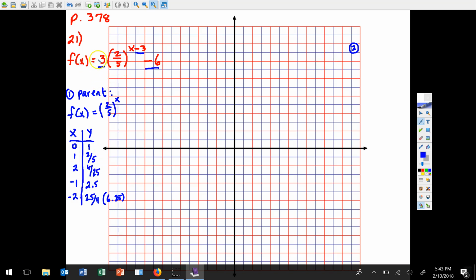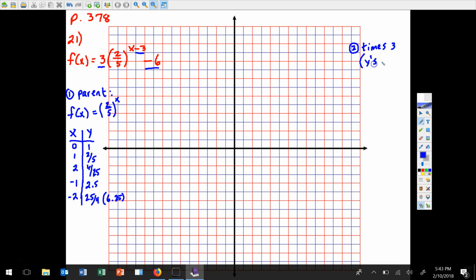Step 2 is I'm going to take care of this multiplying by 3. I'll just call this times 3. Alright, notice how it's 3 times the parent. Well, when we multiply by a number like this 3, we're going to look at our parent table and we're just going to multiply the y's.